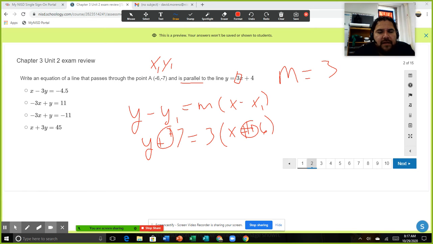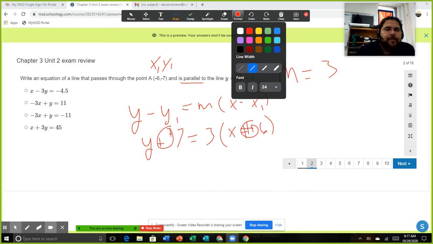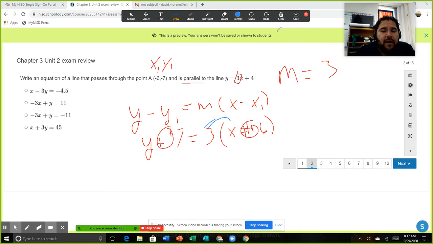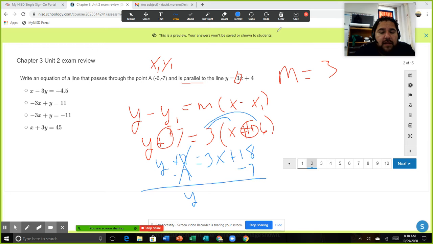That's actually x plus 6. If I distribute my 3, I'm going to get 3x plus 18. So y plus 7 equals 3x plus 18. Subtract 7 from both sides, and I get y equals 3x plus 11.